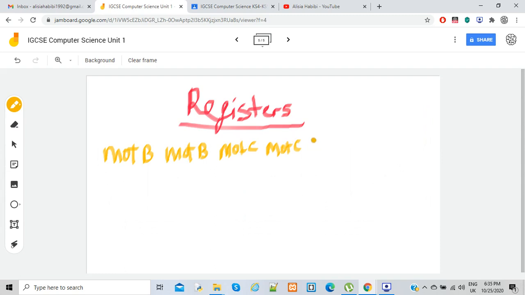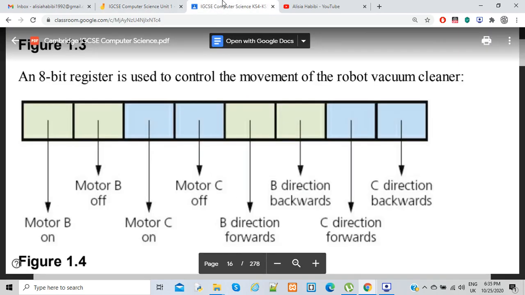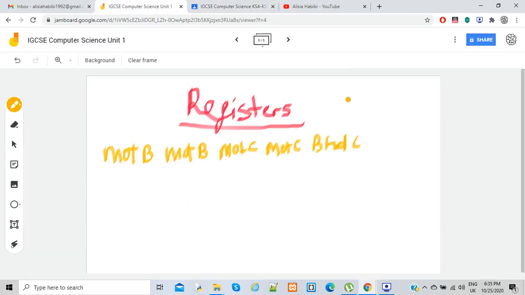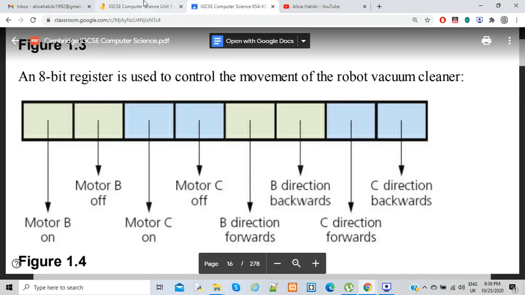I'm just going to use short acronyms for that. So I'm going to say B forward as in FWD, and then B backwards, sorry, BWK, and then C forward, C backwards.